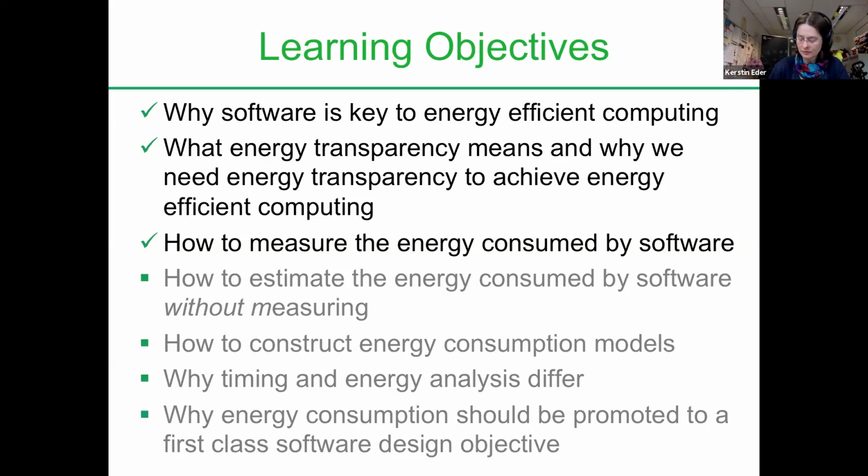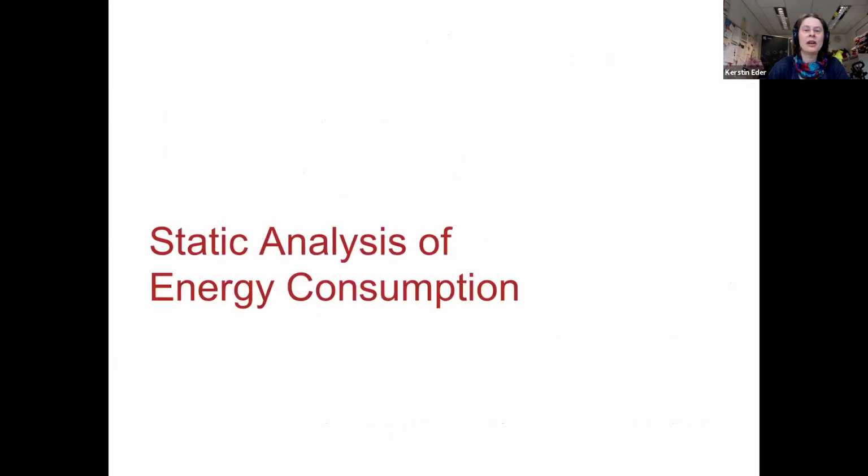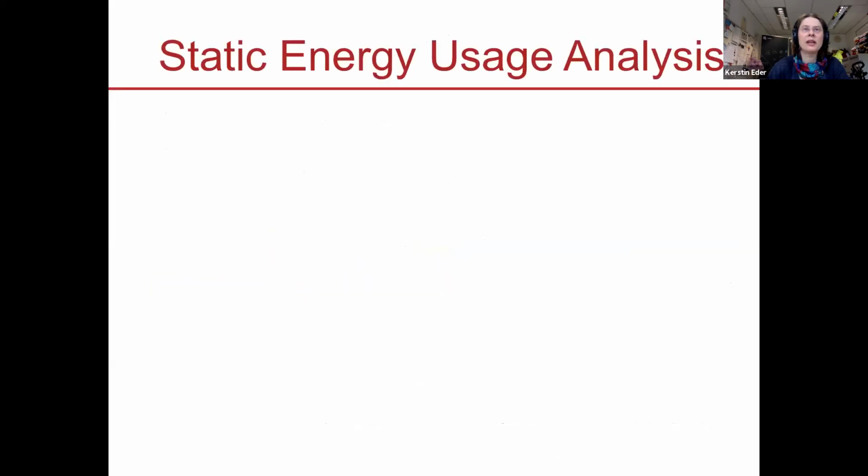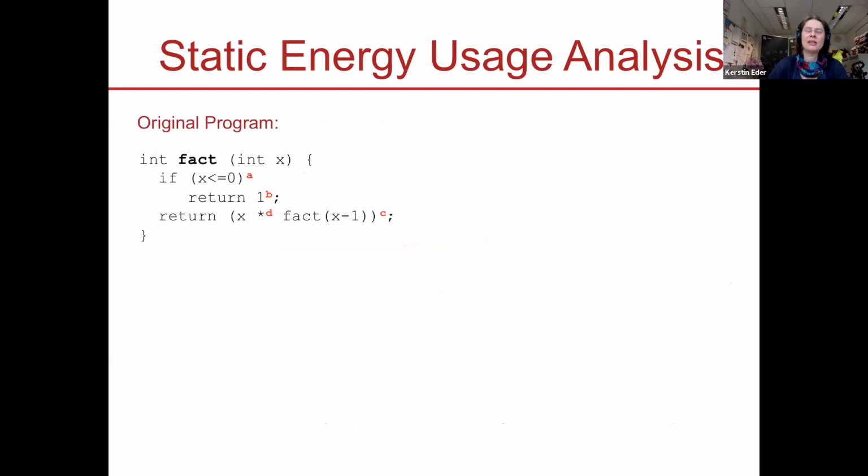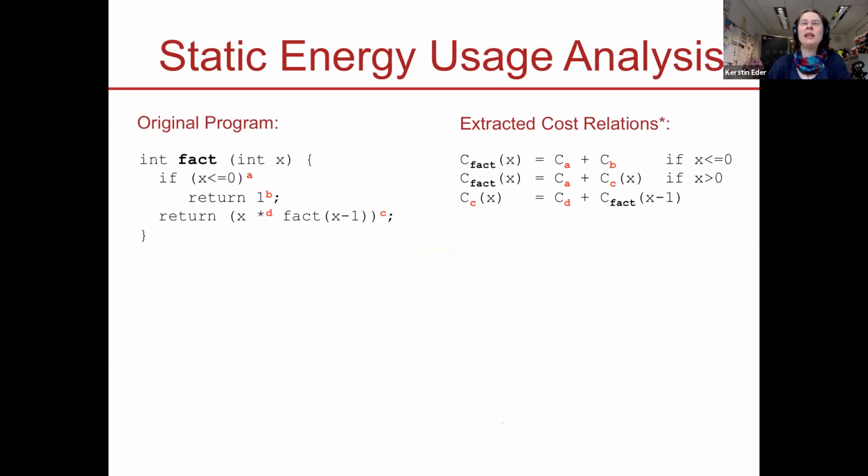Now we've also looked into how to estimate the energy consumed by software without measuring. I just want to have a quick look at this again to get us into the right frame of mind. So, static energy usage analysis: we looked at this little factorial problem yesterday. And I was saying that we extract cost relations from this program.